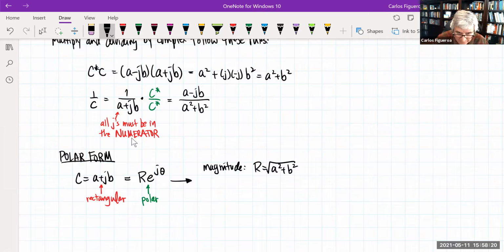And if I want the polar angle, it follows the same rules: it's the tan inverse of b over a. That is a very powerful statement of how connected they are with the real numbers.